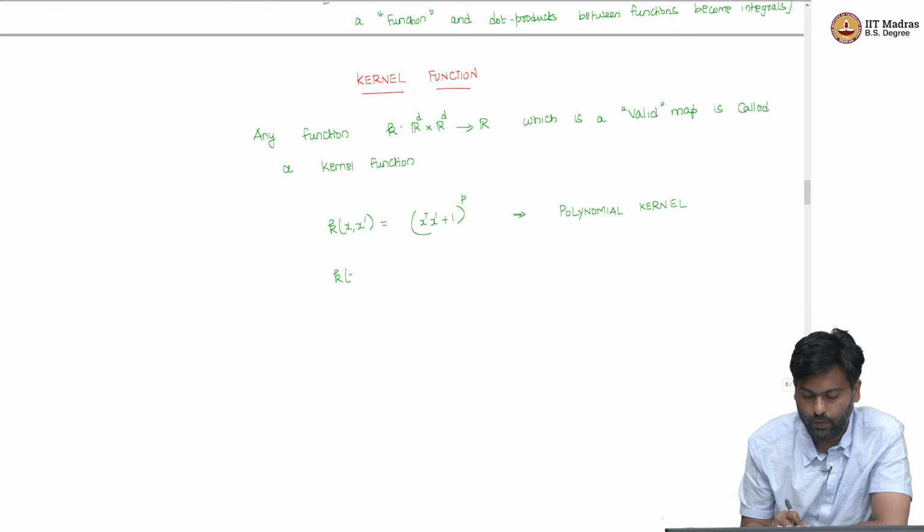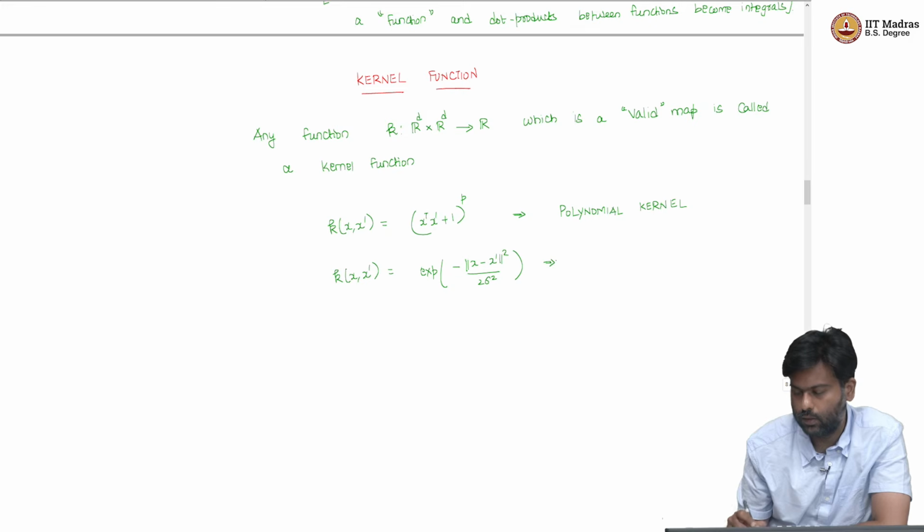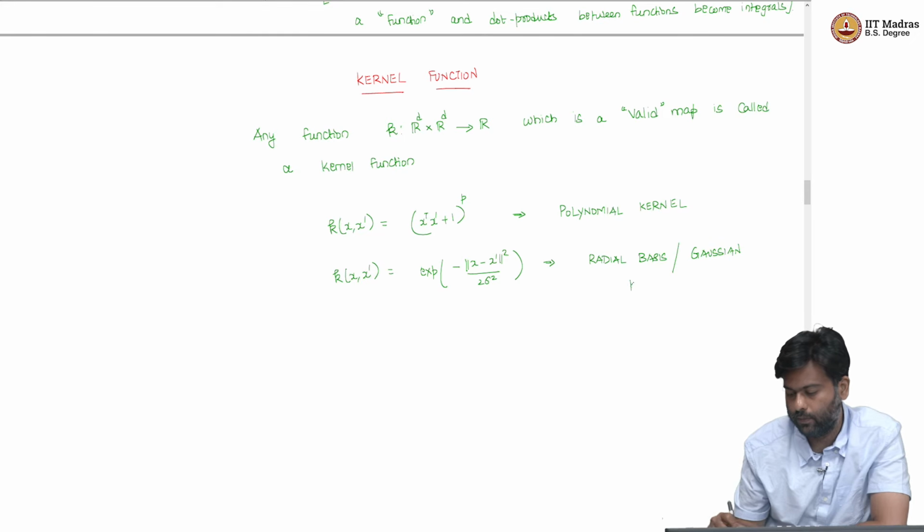If k of x comma x prime is e power minus norm of x minus x prime squared by 2 sigma squared, now this is called a radial basis, or sometimes also called a Gaussian kernel.